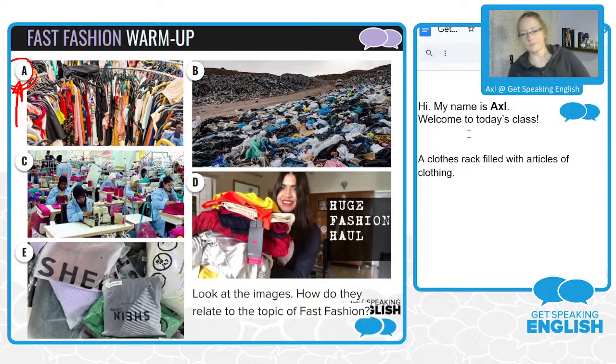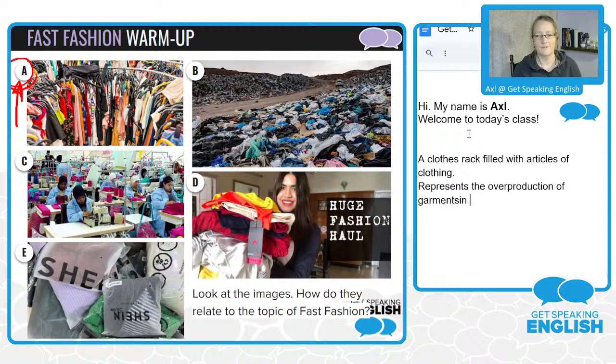I don't know about you, but for me, I feel like this represents the overproduction of garments in the fashion industry.